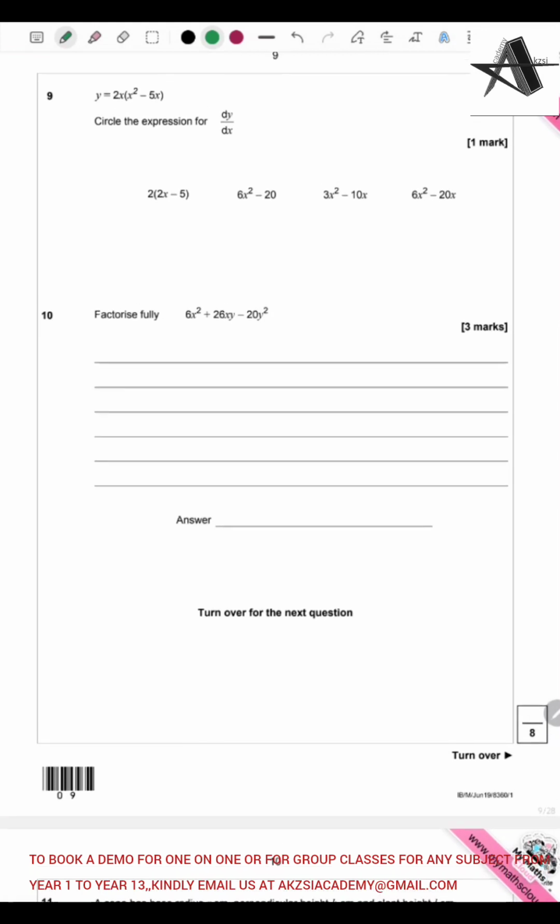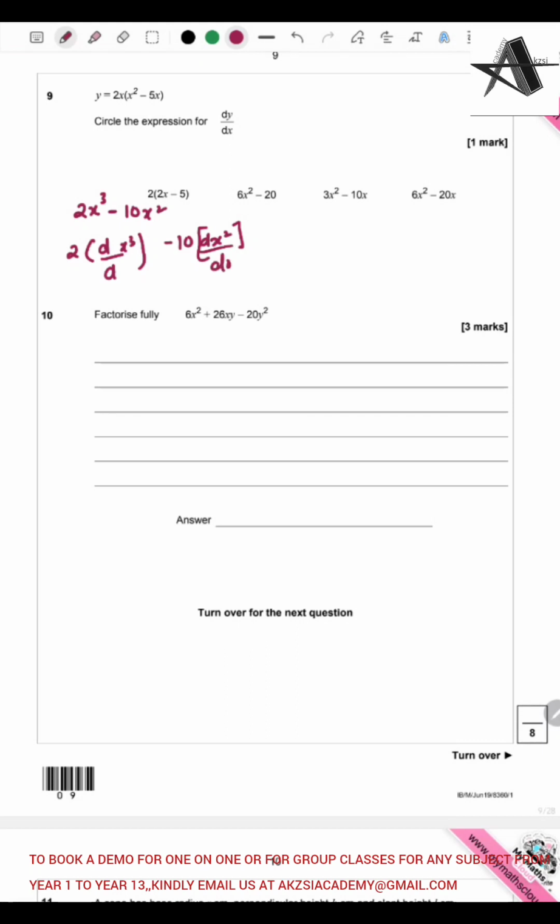Moving on to the next question. Question 9 says 2x times x squared minus 5x, the differentiation of it. First let me expand this. On expanding we'll get 2x cubed minus 10x squared. So 2 is already there. Now I need to differentiate x cubed. Always in differentiation we need to take out the constant as common, the coefficients we need to take out, and then differentiate the x squared.